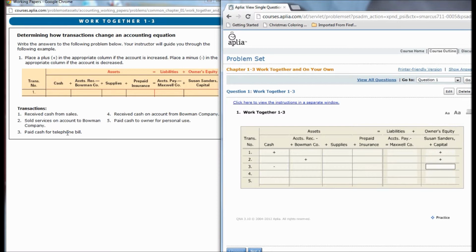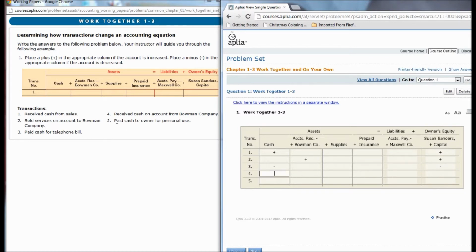Here we have the telephone company making sure we have a telephone that we can answer. So because we're doing that, that affects our owner's equity, which means my capital goes down. So cash goes down, we're paying cash, and capital goes down. Because I have to pay them, my worth in the company, or the owner's worth, goes down.